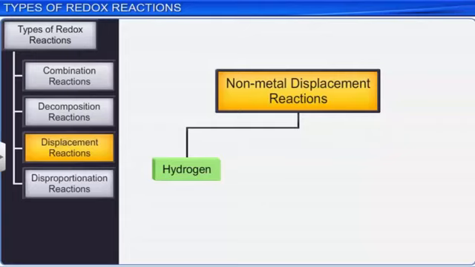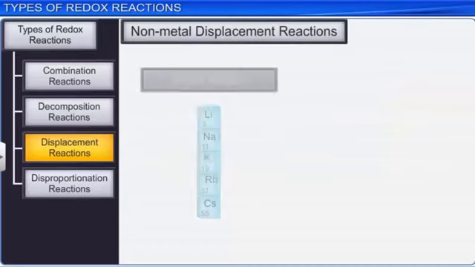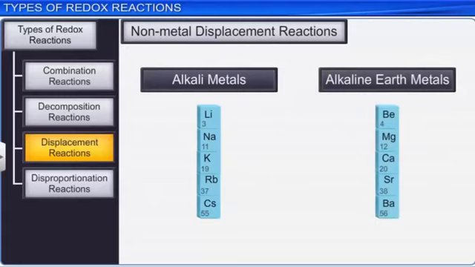However, some reactions involve displacement of oxygen or halogens. Let's look at examples of metals displacing non-metals. All alkali metals and certain alkaline earth metals displace hydrogen from cold water.